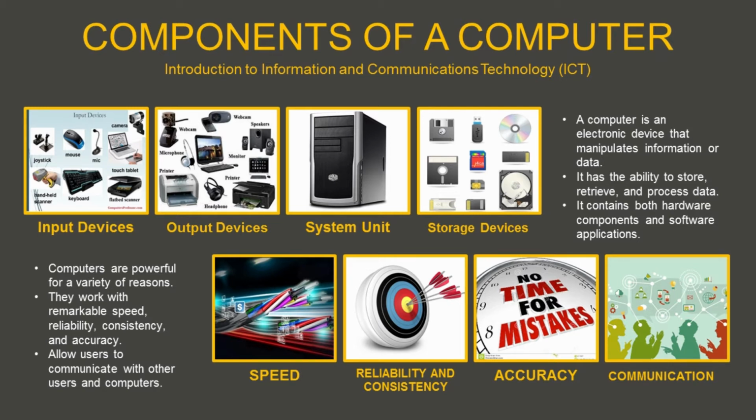It means that whatever data you inputted into the computer, the output result will also be the correct one. If data is inaccurate, the resulting output is also incorrect. So it will always depend on the data that you have entered.